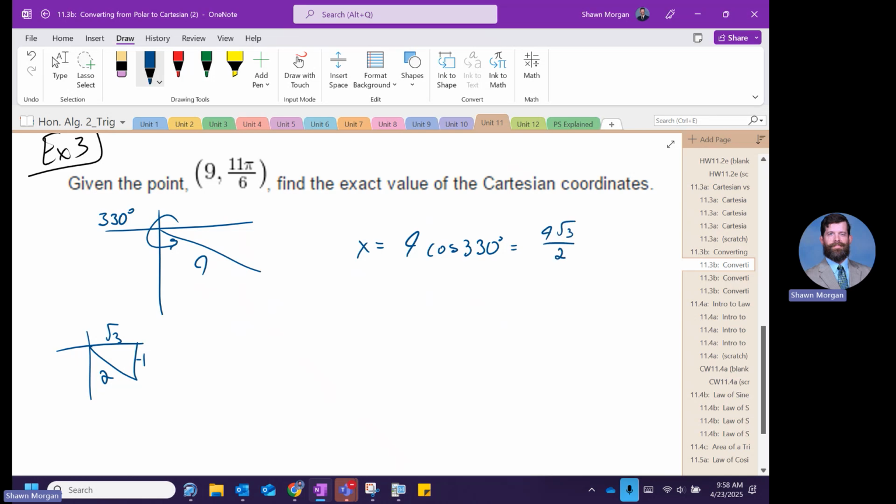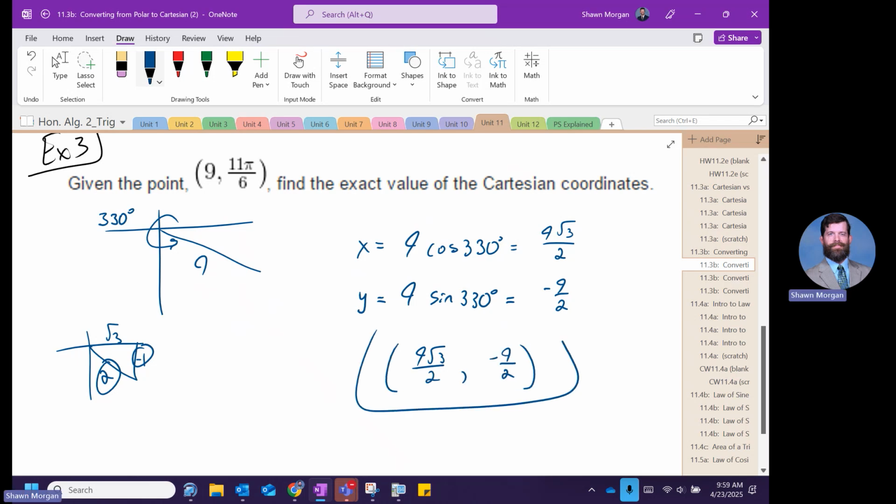I should give this as an exact value because it's a special angle, and I can use special triangles, easy peasy. Y is going to be 9 times the sine of 330. Sine will be negative 1/2, so negative 9/2. And if we want to put that in an ordered pair, I'm fine with that. Please refrain from the dirty decimal unless they ask you to round.